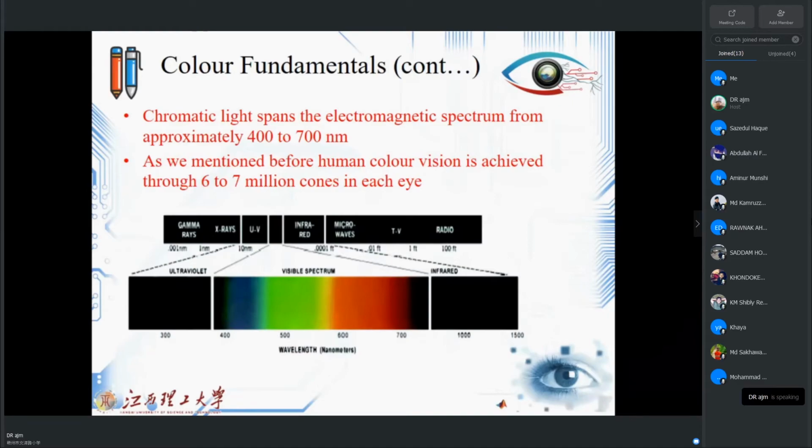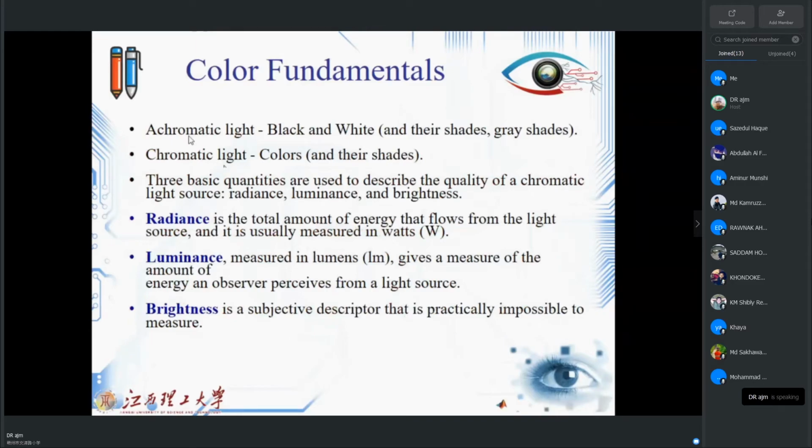But anyway, first let us see what chromatic light is, which spans the electromagnetic spectrum from approximately 400 to 700 nanometers. And as we mentioned before, human color vision is achieved by just 6 to 7 million cones in each eye. Okay, this is the domain in which we can see colors. Achromatic light, which we described before, consists of black and white.